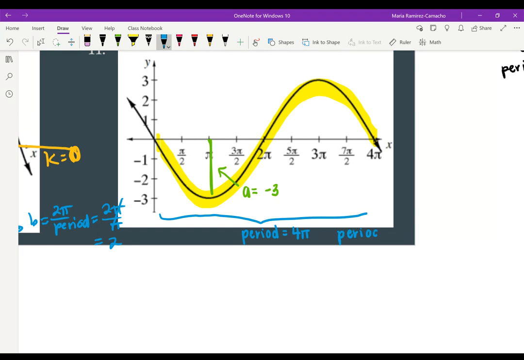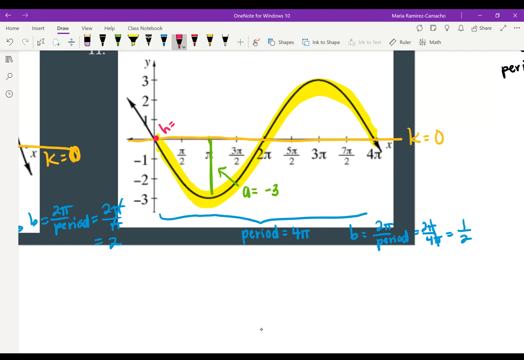The b value is equal to 2 pi over the period. 2 pi over 4 pi equals 1/2. My midline is at 0.